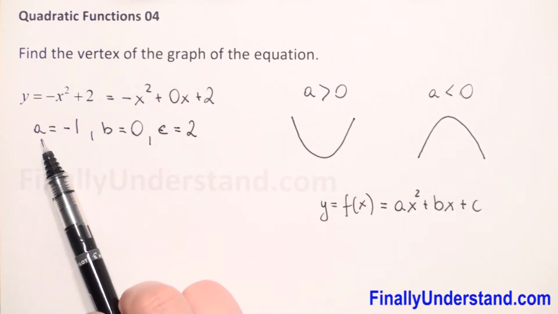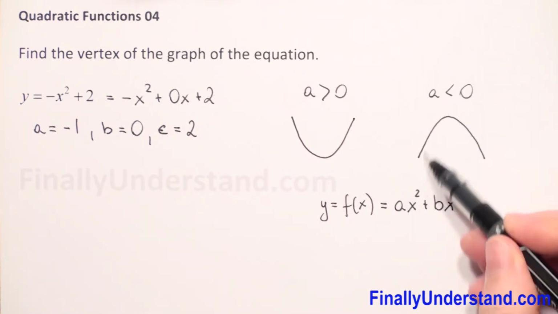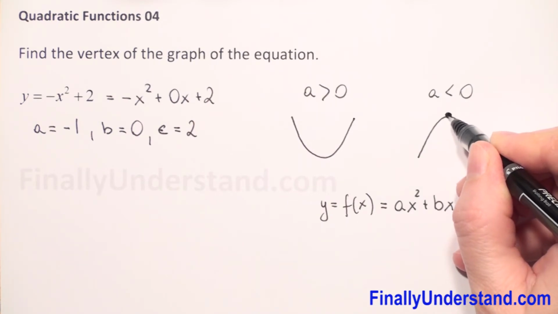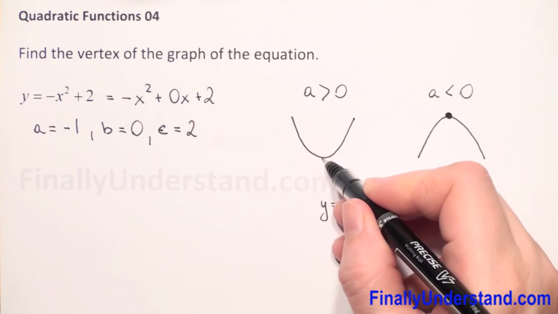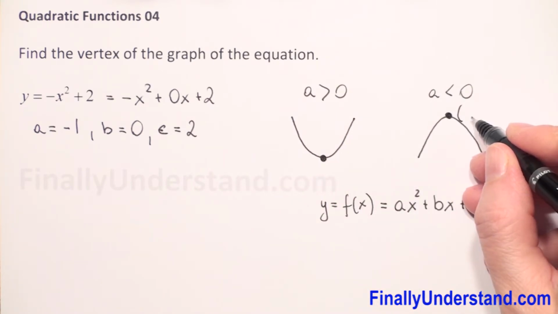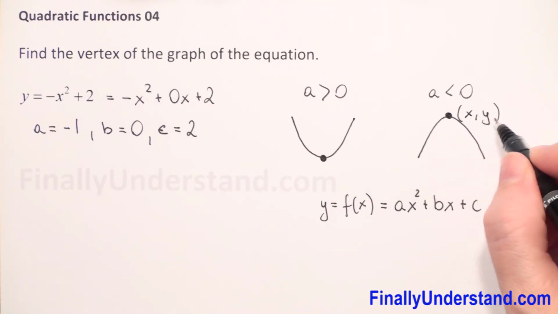So we see that because a is negative, our parabola opens down, and this is our vertex. For a greater than 0, we have the vertex here. We need to find the coordinates of the vertex, so this is x and y. We need to find x and y.